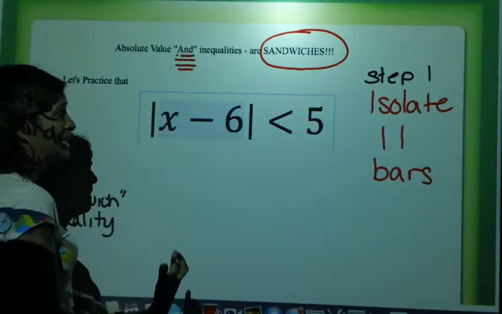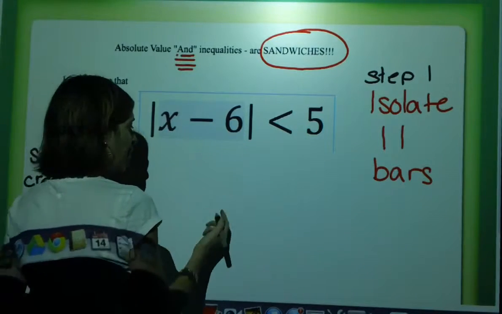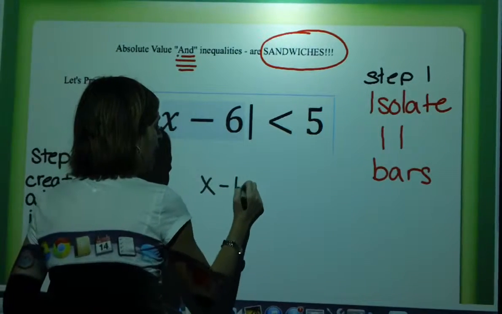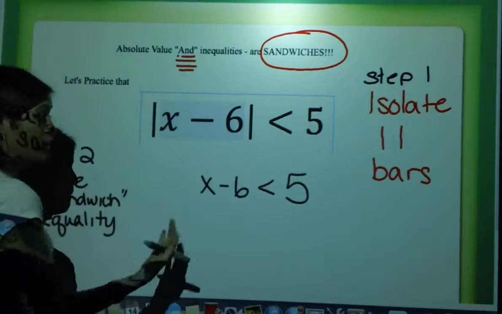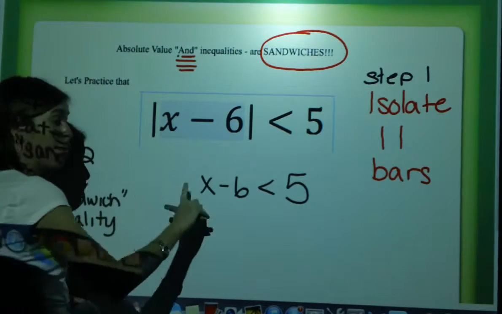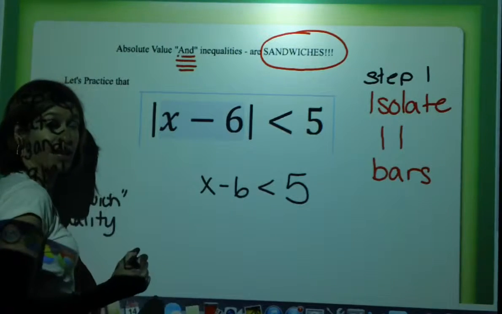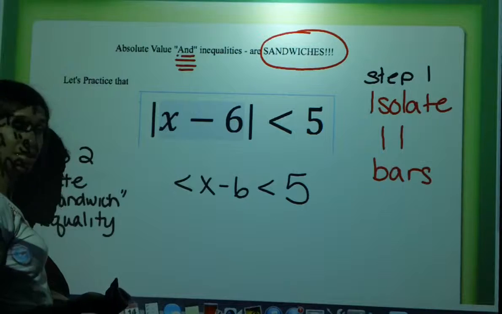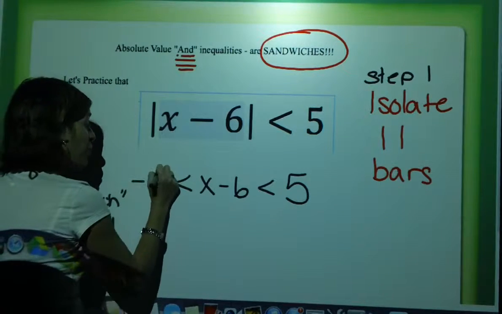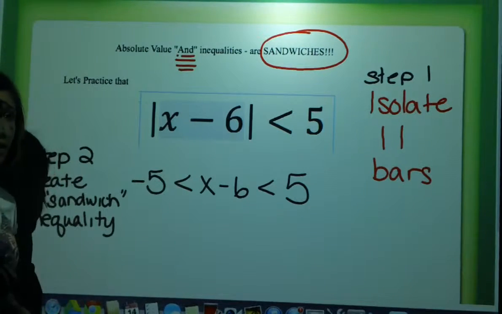How do we create a sandwich? Well, we take the expression out of the absolute value and we write it. But a sandwich means I need something on the other side, and remember we can never point the inequality symbols towards each other. So we put an inequality symbol on the other side, and we also have to consider the negative value.